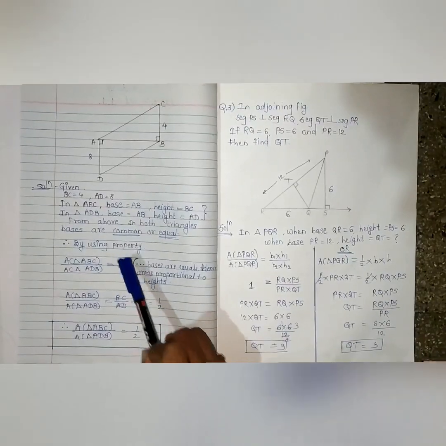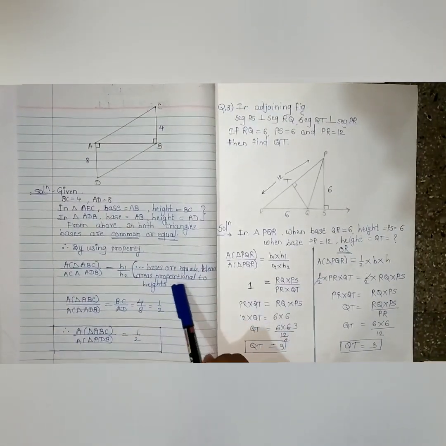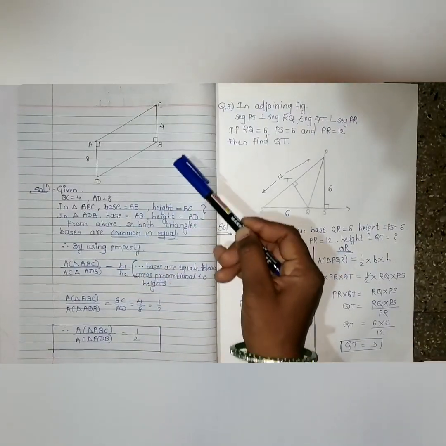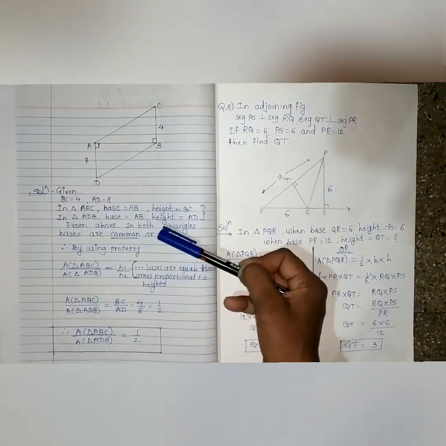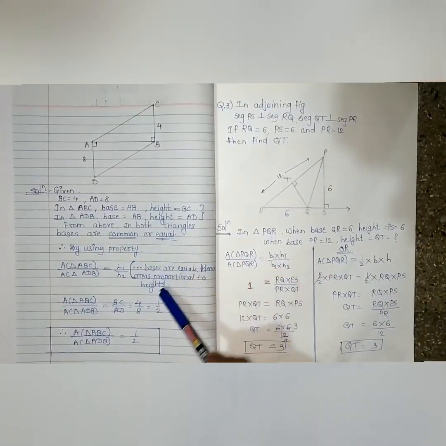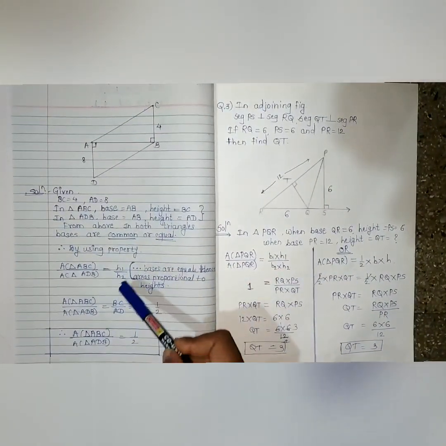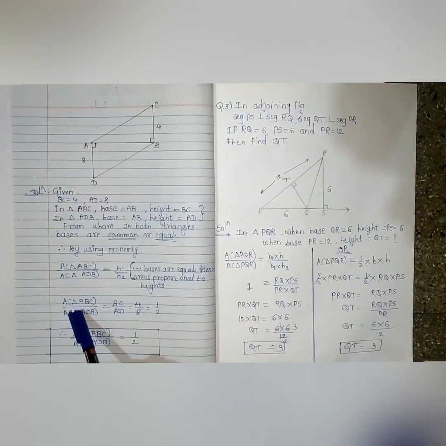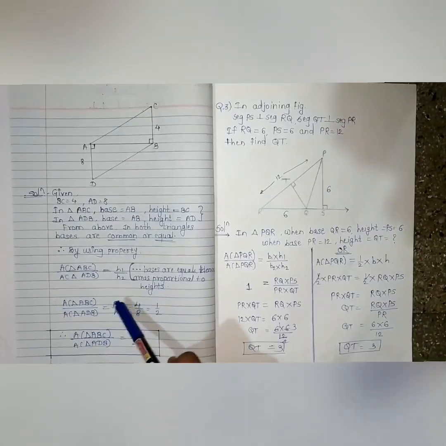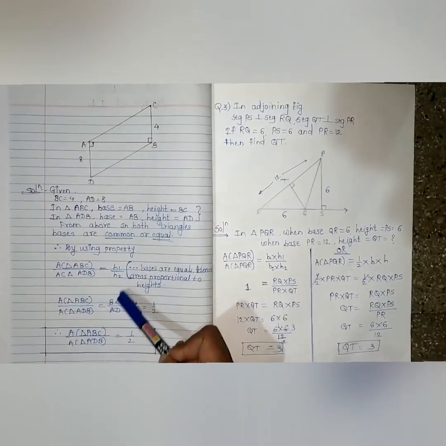By using the property, when the bases are equal, the areas are proportional to the heights. Therefore, by substituting the values, area of triangle ABC upon area of triangle ADB is equal to H1 upon H2.